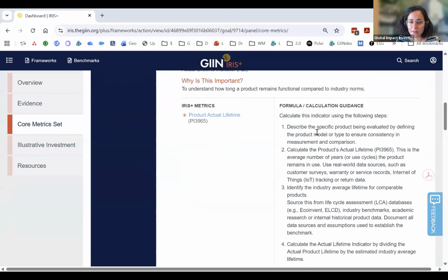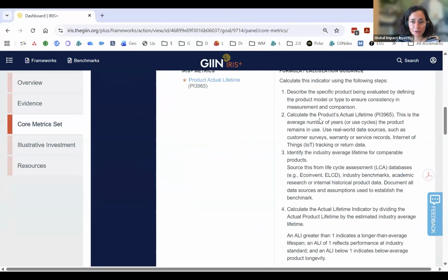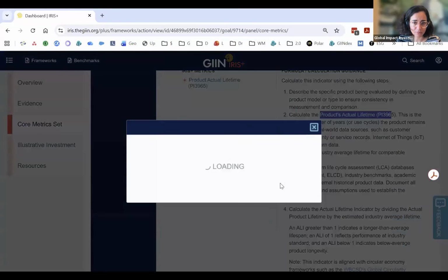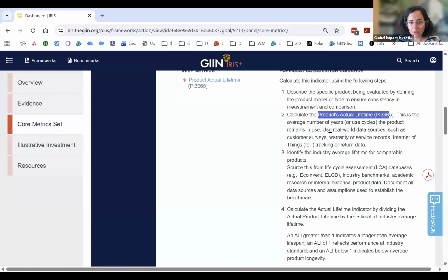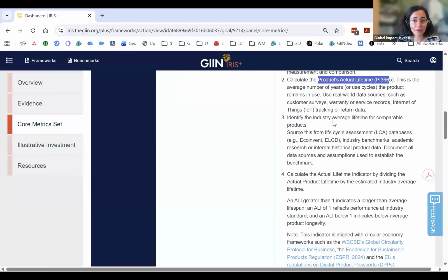In this case, you need to first understand the product being evaluated, calculate the product's actual lifespan using the metric usage guidance that we saw in this landing page. You also need to identify the industry average lifetime for comparable products. This is, for many product categories, information available from industry associations and bodies.